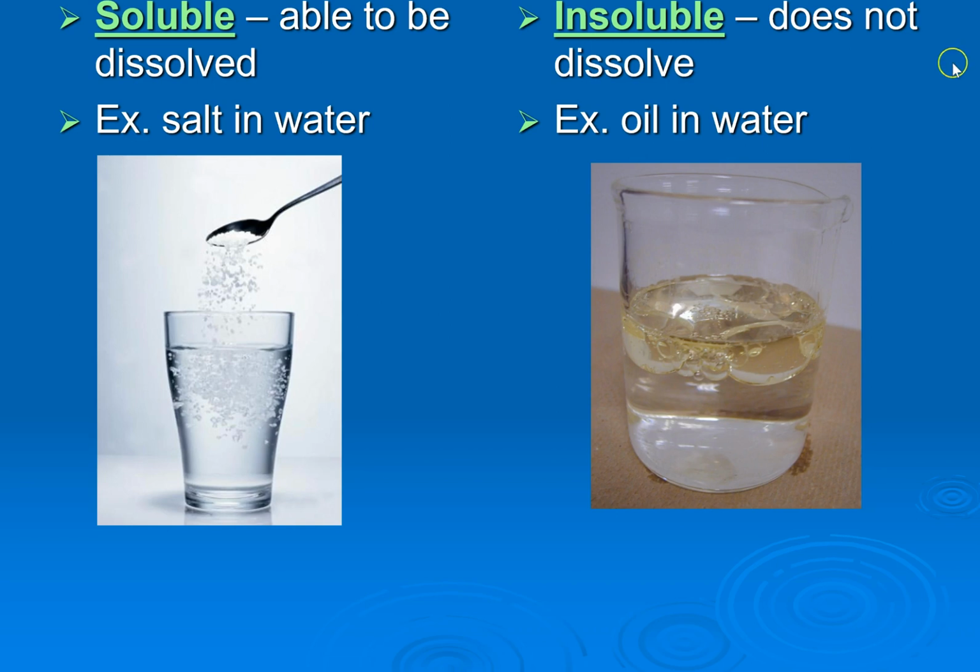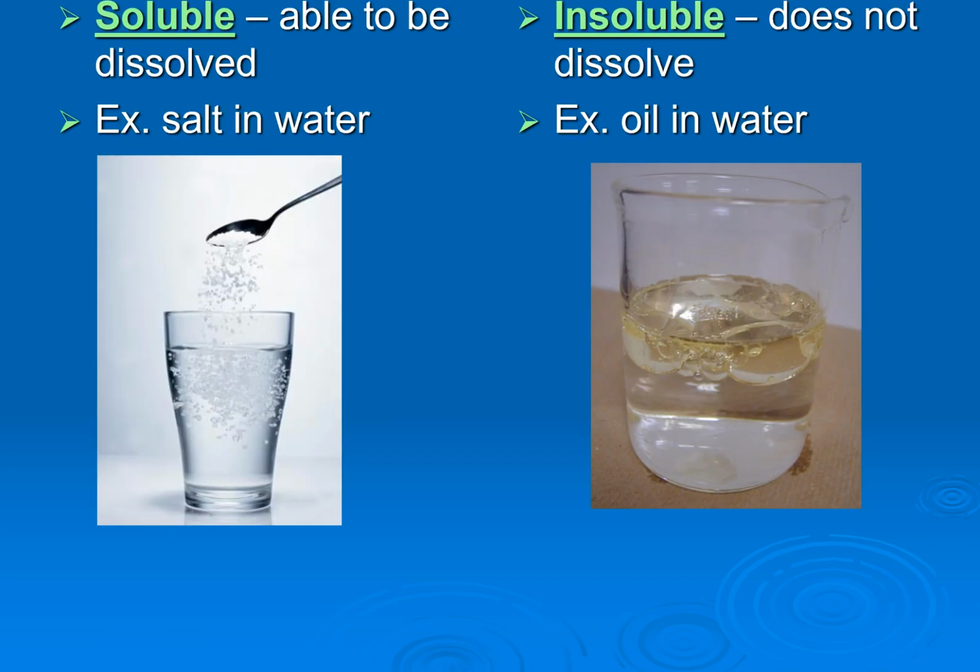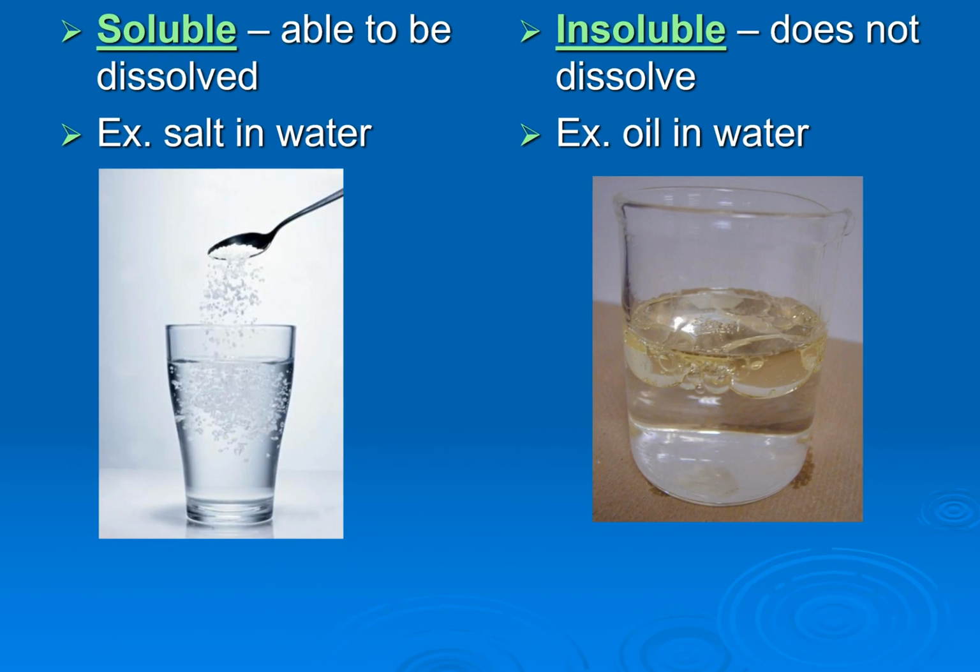So there is a limit to what can or cannot be in a solution, like what can or cannot dissolve. And that is given by a new vocabulary word called soluble. If a substance is soluble, that means that it is able to be dissolved.